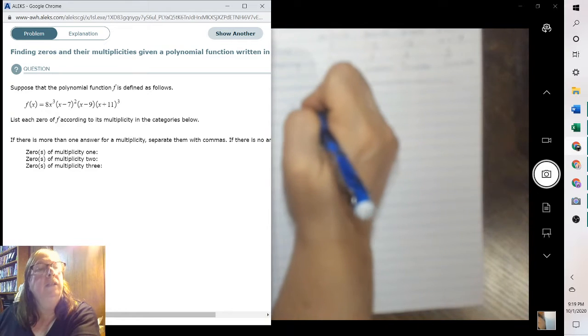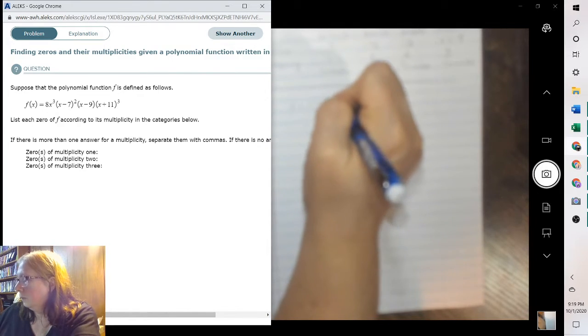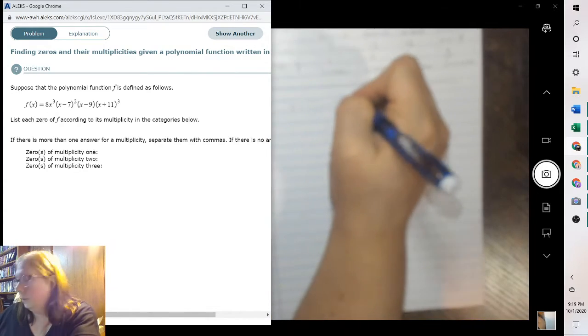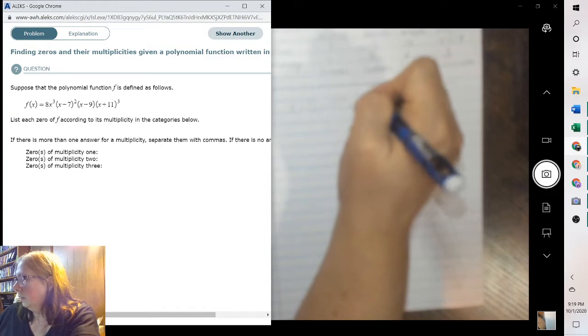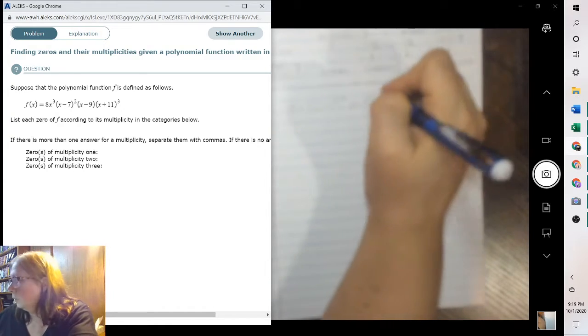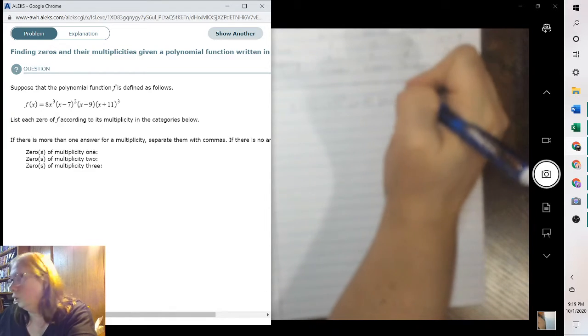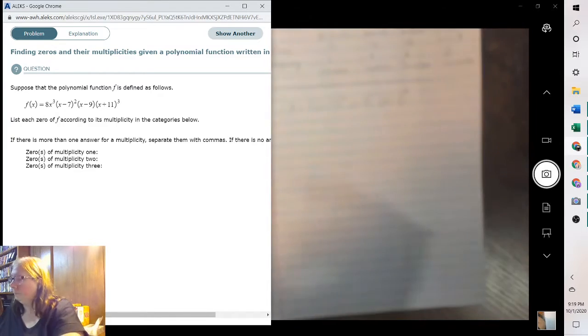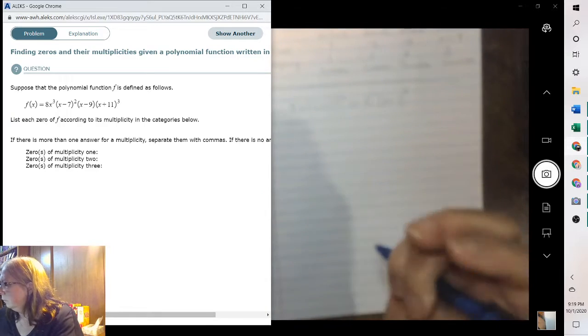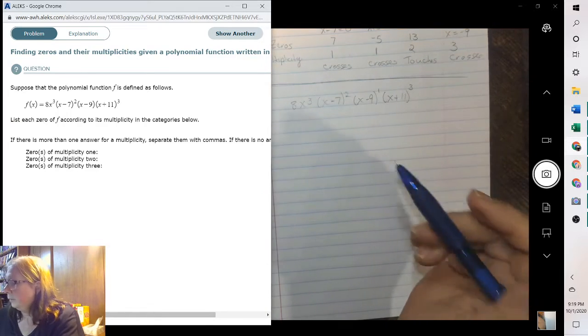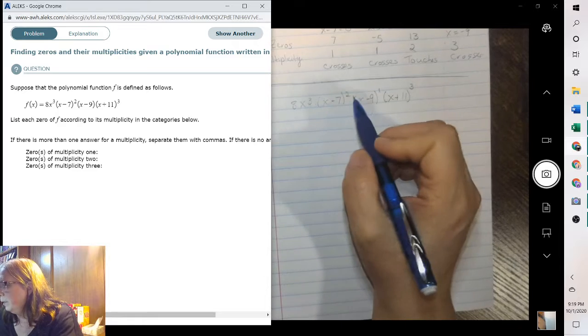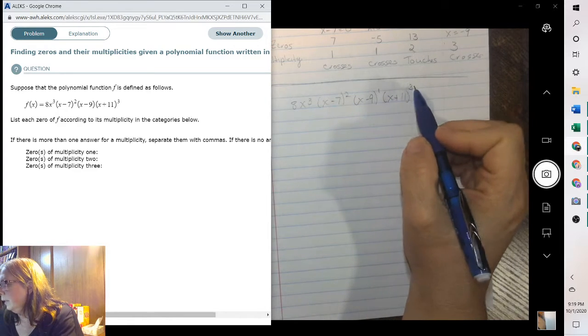Eight x cubed, x minus 7 squared, x minus 9 to the first, and x plus 11 cubed. Just for a little practice, the degree, this would be 3, 4, 5, 6, 7, 8, 9.